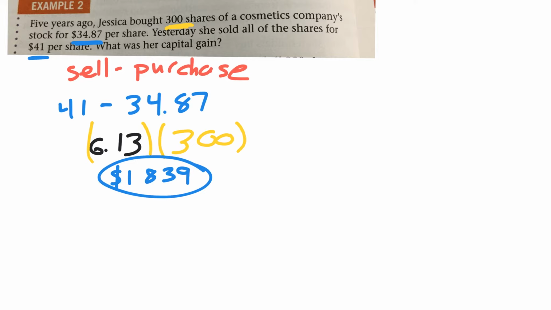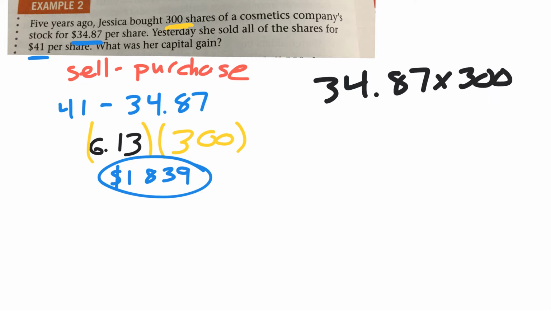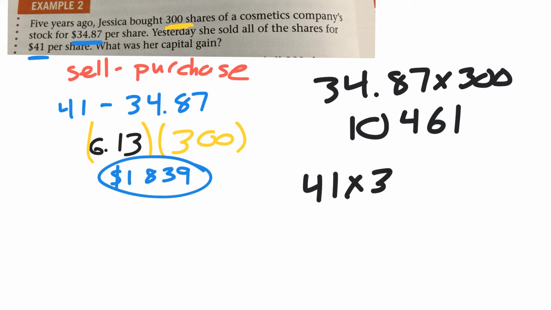Looking at your book does it differently. Your book takes $34.87 and multiplies that by 300 because that tells them how much she spent purchasing these shares. And so she spent a total of $10,461 when she purchased the shares. And then she sold them for $41, and she sold all 300.